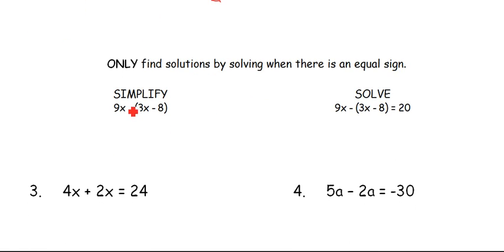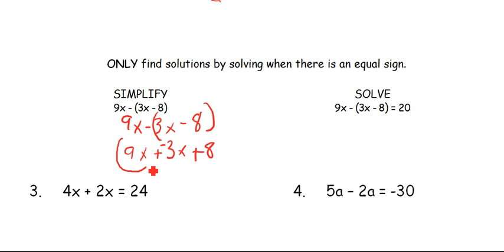We won't do that right now, but let's go down here for a little better visual description. In simplify, all we can do here is 9x minus 3x minus 8 is the same thing as saying 9x plus negative 3x, and then a minus minus gives us a plus 8.